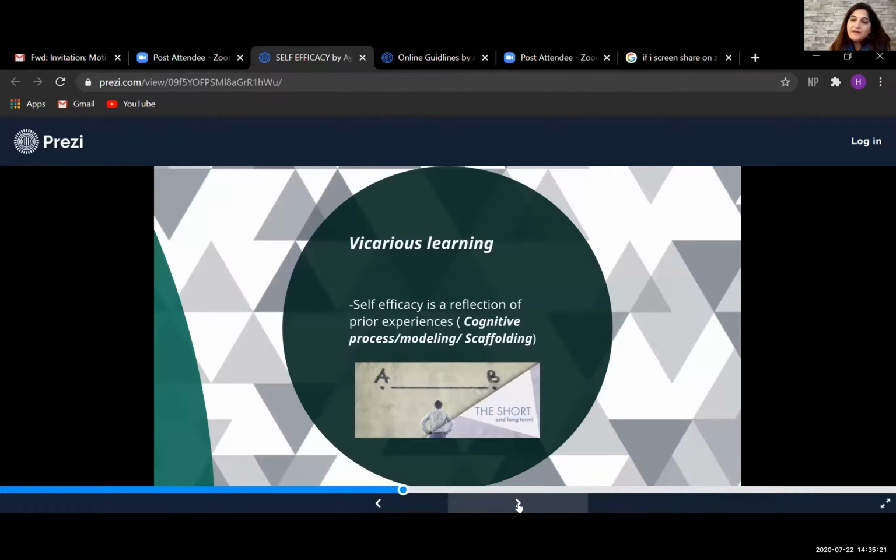And scaffolding means to achieve the proximal goal, not the exact goal, but the proximal goal, also in a short period of time. So you have to set the tasks accordingly.